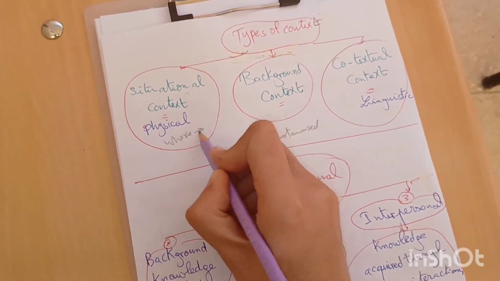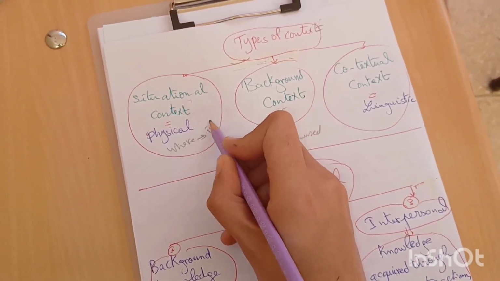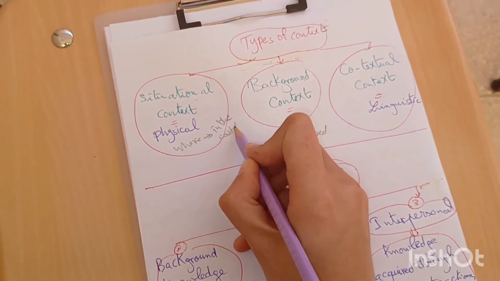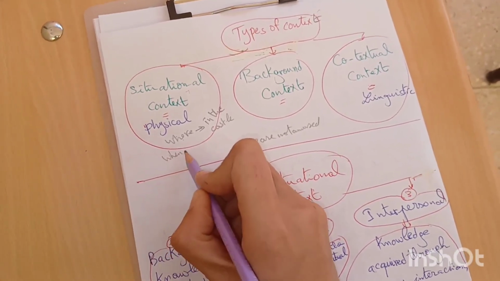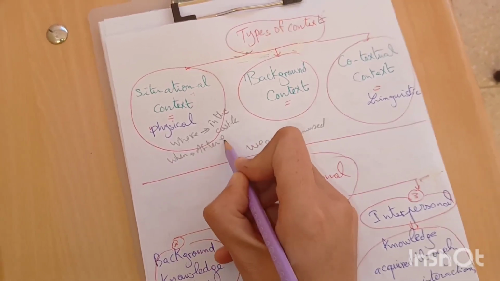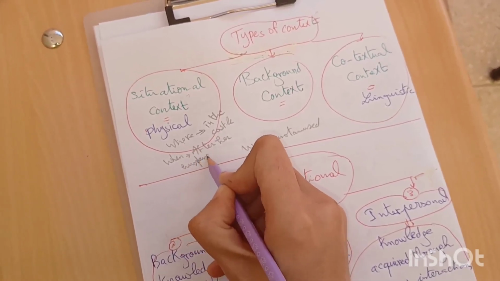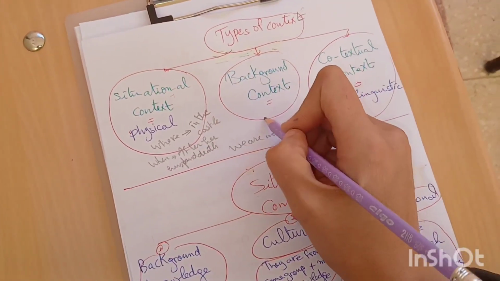The where is a place in the castle, for example, or a palace, and the when, maybe we say after her husband's death, and we have the background context.